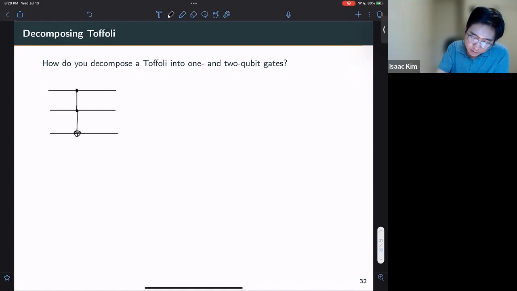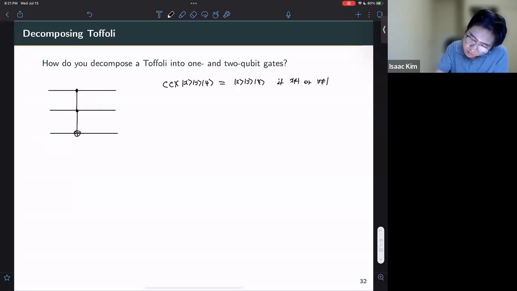And it's defined as CCX is equal to... so only if x and y are both equal to 1, you apply the X to the 3rd qubit.